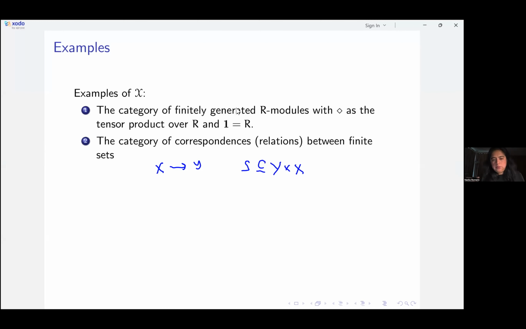And so we consider all these correspondences, and we can take the free R module with basis on these correspondences, and we have our sets. Of course, we have to define a composition between these correspondences, but this can be done. We have identity arrows, etc. So this is an essentially small category, and the monoidal structures. We have two possible monoidal structures in this example.